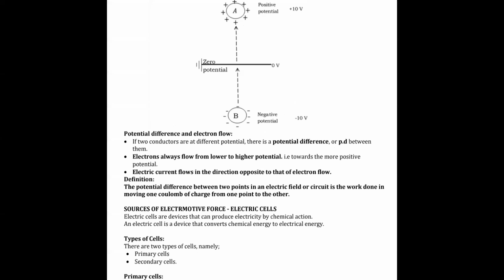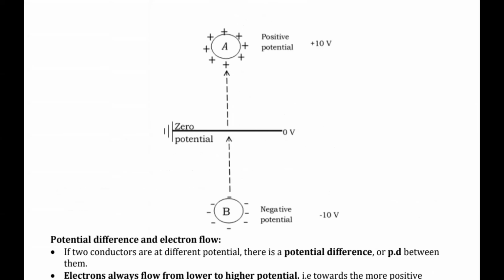We also have a zero potential. Points that are at zero potential are points on the Earth. It is believed that the Earth has zero potential. So below the Earth, there are points that have negative potential.